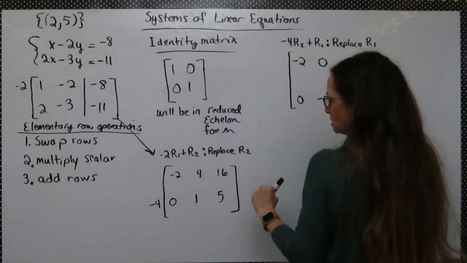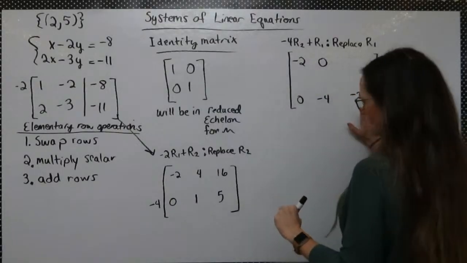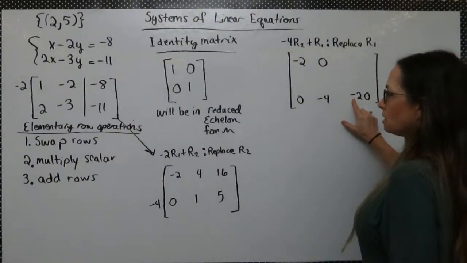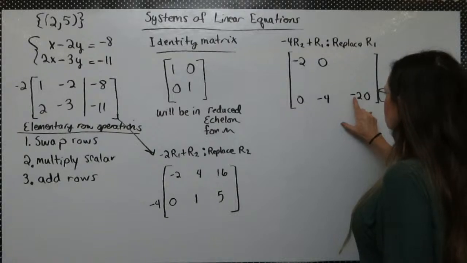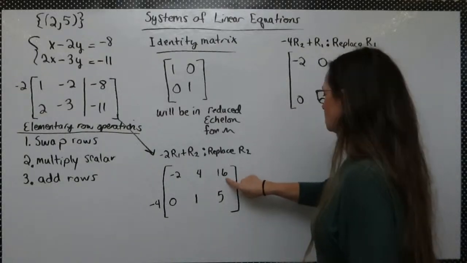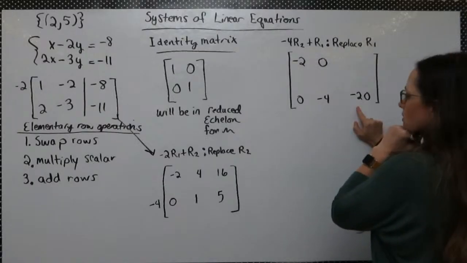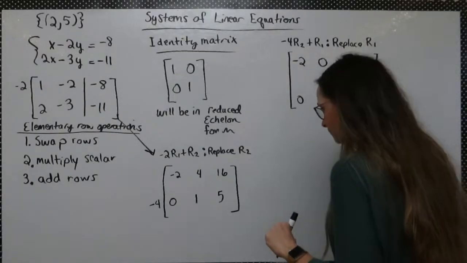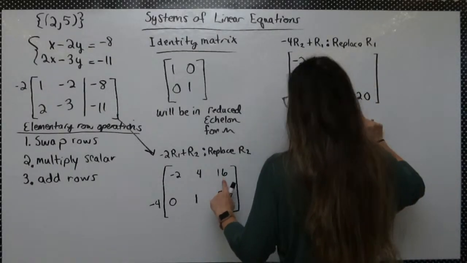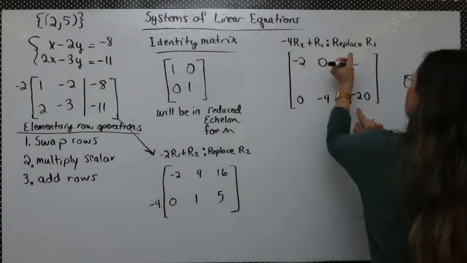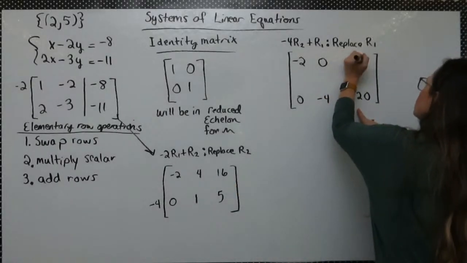And then -20 and 16 is going to give me, is that negative? I think it's 16 and yeah, -4. Okay.